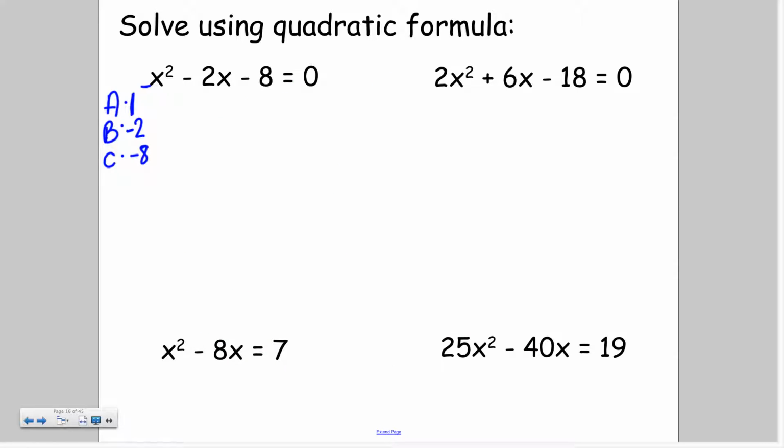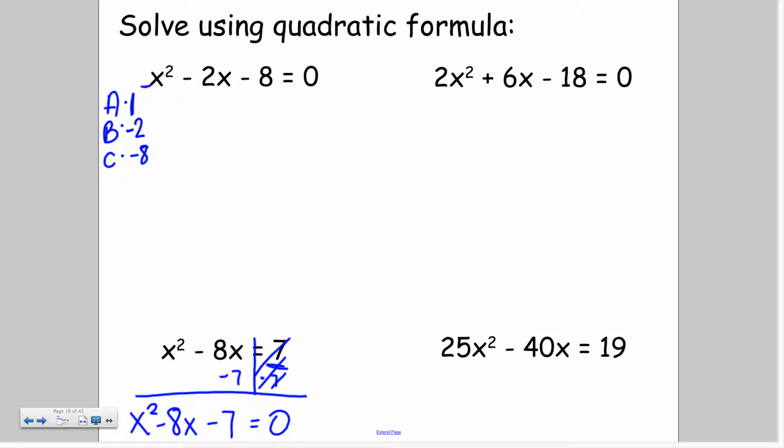Before you get going on it, though, one thing I want to show you is down here you have a 7 on the other side. You just need everything on one side. Since this is a positive, I'm going to subtract it from both sides. Okay? It's going to cancel out over here, so I have 0. And then I'm going to have x squared minus 8x minus 7. And it's set up in the standard form.